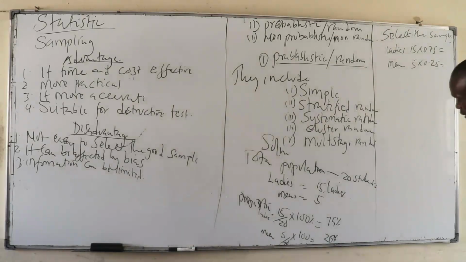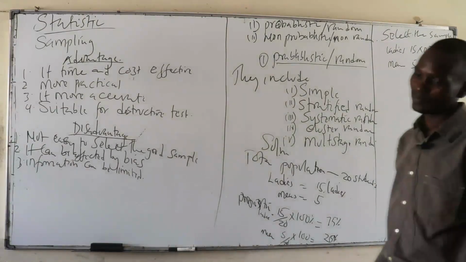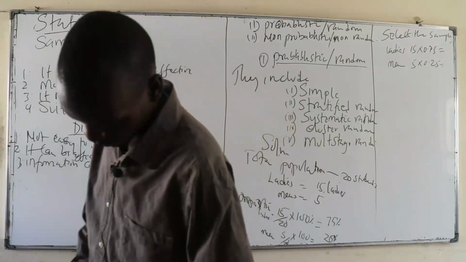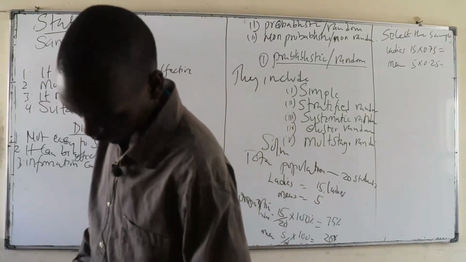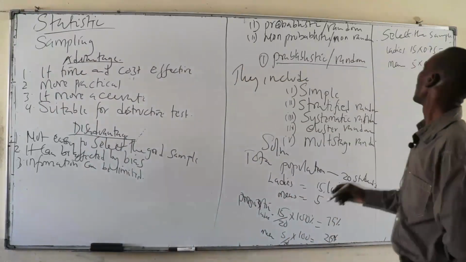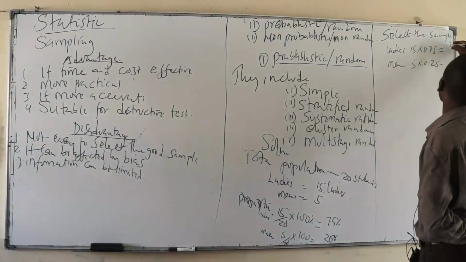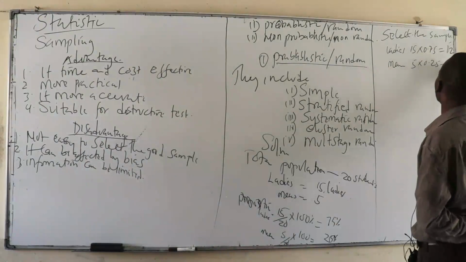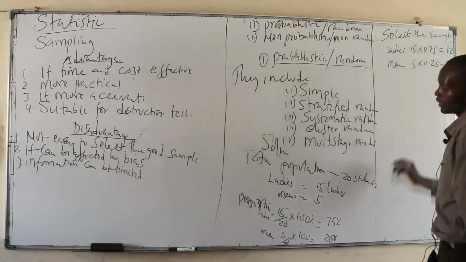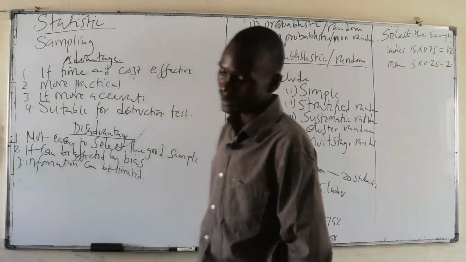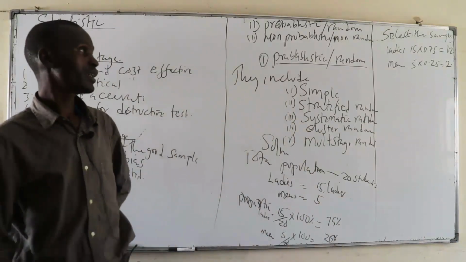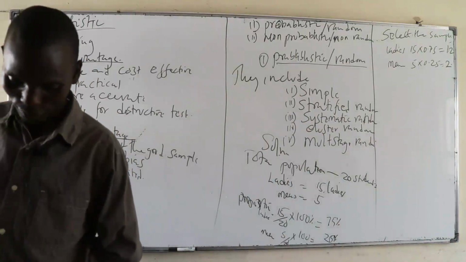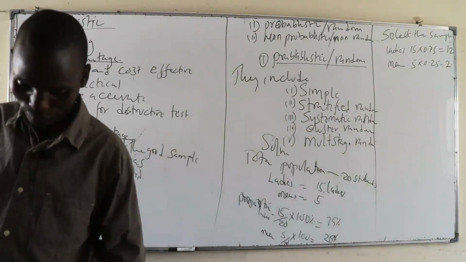That gives about 12 ladies and 2 men. So that's the sample: for ladies you take 12, and for men you take 2.